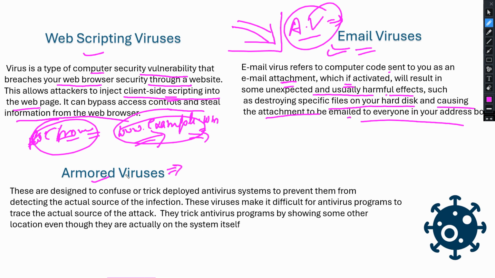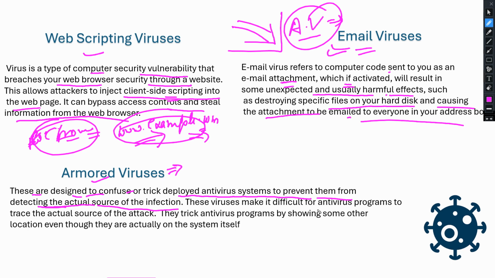Armored viruses. From the name, it's an armored virus, a kind of armor. These are designed to confuse and trick deployed antivirus systems to protect themselves from detection of the actual source of infection.